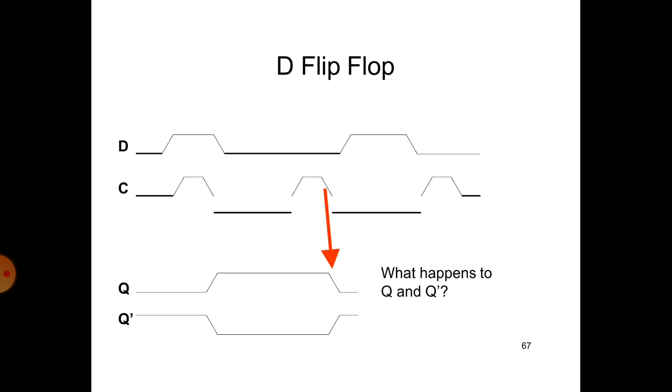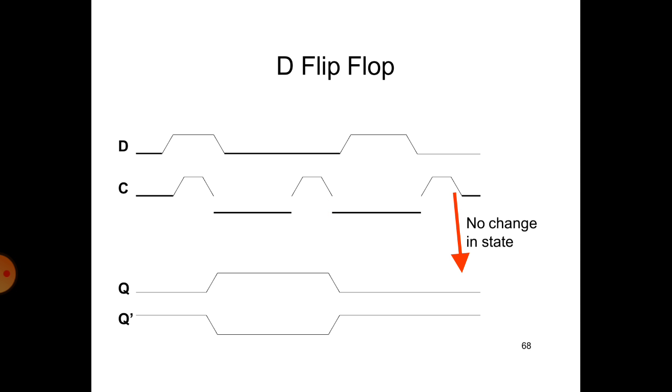So here D and C will be the input, clock will be high and Q will be low. Q bar will be high. So that I specified in the previous slide. So here clock will be no change state, means Q and Q bar will have no change in state.